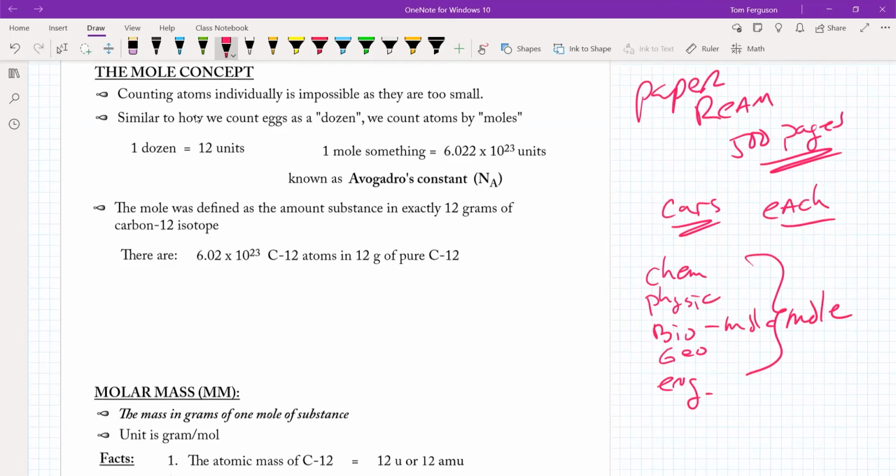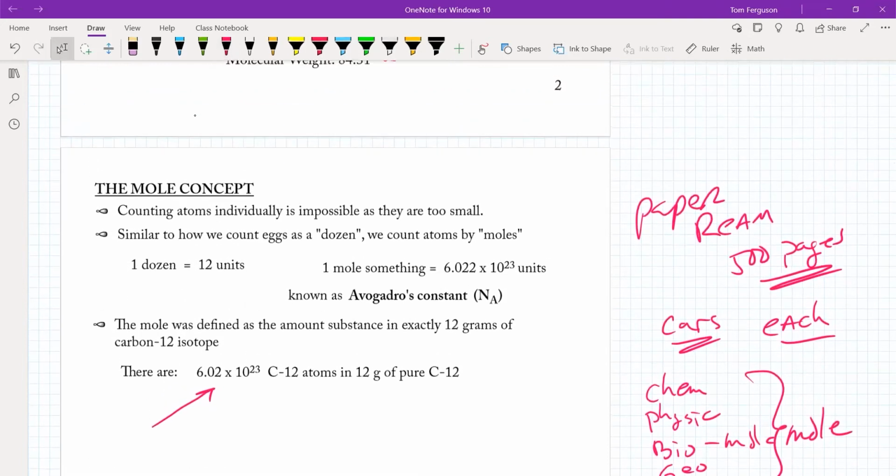Okay, so the mole is the convenient unit in chemistry, I want to stress. The reason it's convenient is because atoms are so incredibly small. Molecules are incredibly small. When things are small, the unit gets bigger and bigger. Going back, we start off with eggs.